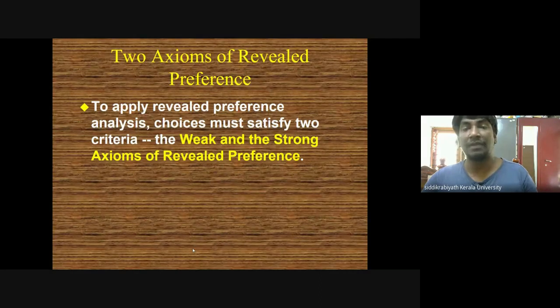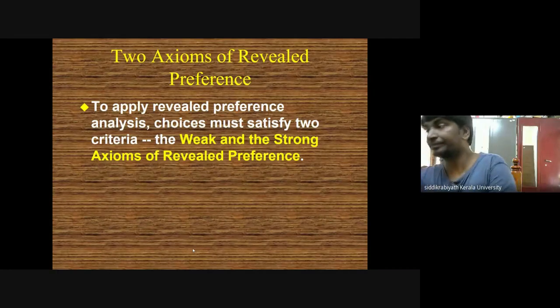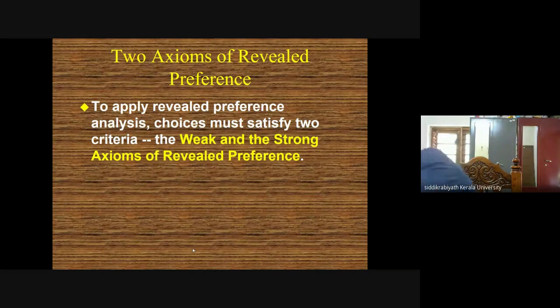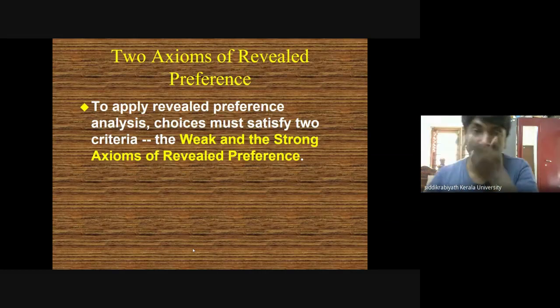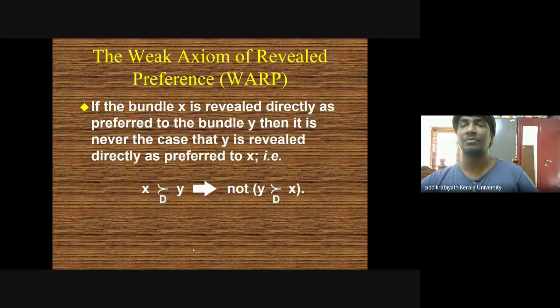To apply revealed preference analysis, choice must satisfy two criteria: the weak and strong axiom of revealed preference. Okay, so you might have heard about the weak axiom and the strong axiom of revealed preference, but let me come to the first, the weak axiom of revealed preference.